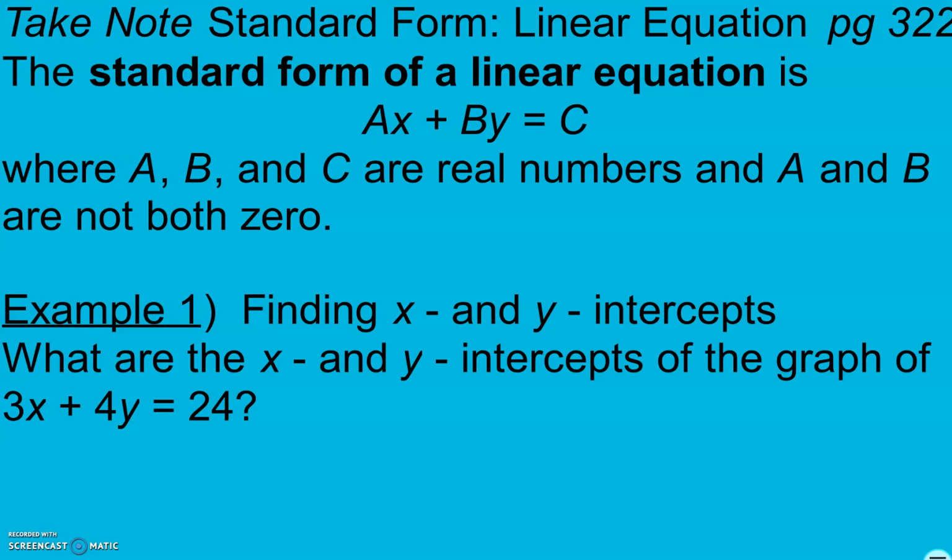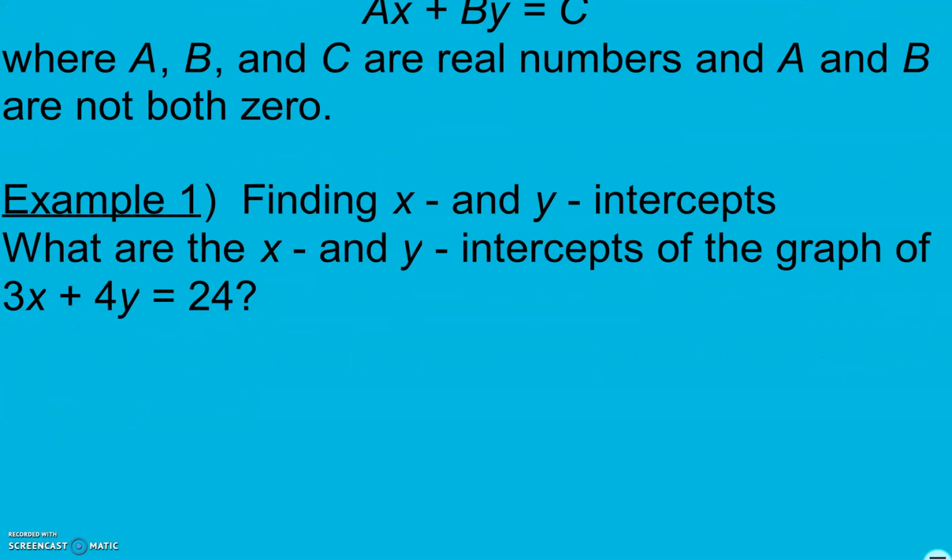So here we're going to find x and y intercepts. Intercepts happen where our graph crosses the axis. For example, if I have this line, my y-intercept, we know, is where it crosses the y-axis. Where it crosses the x-axis is my x-intercept.